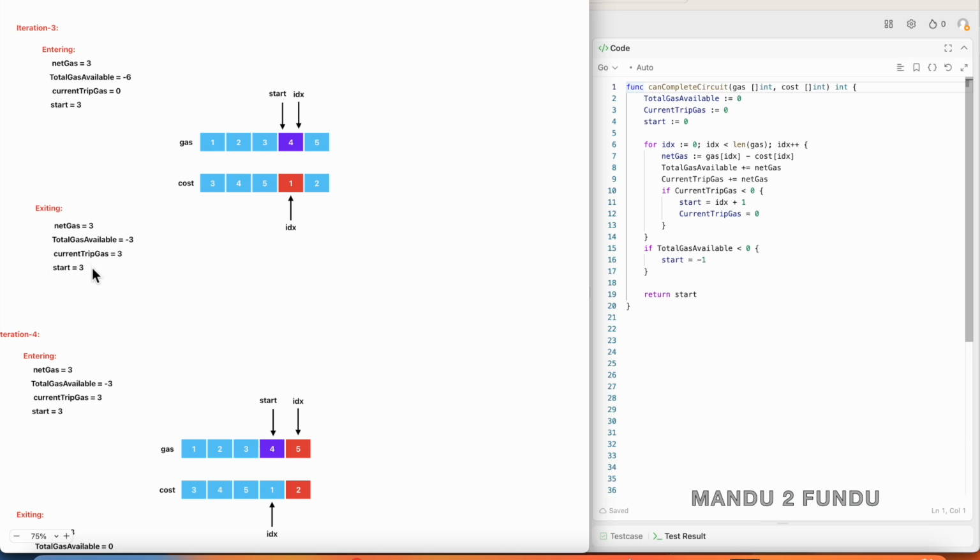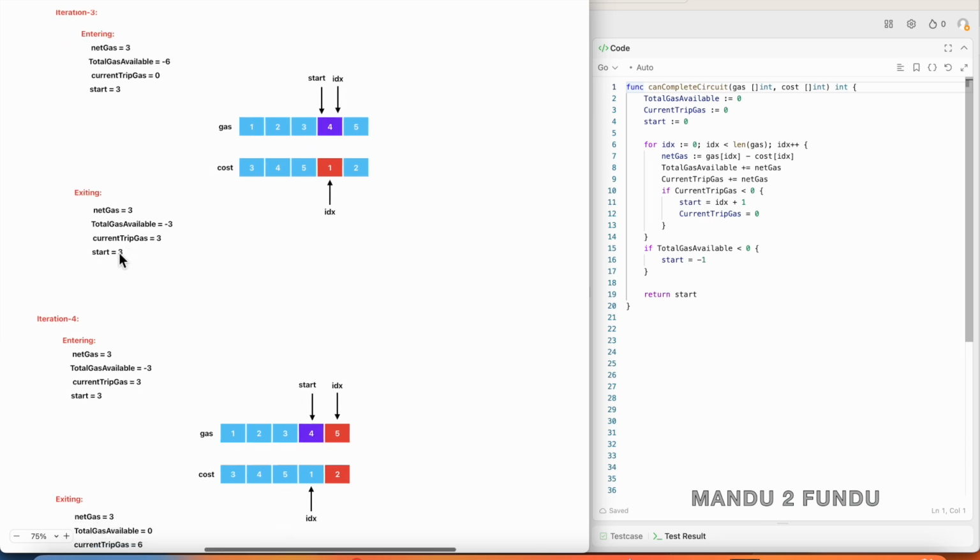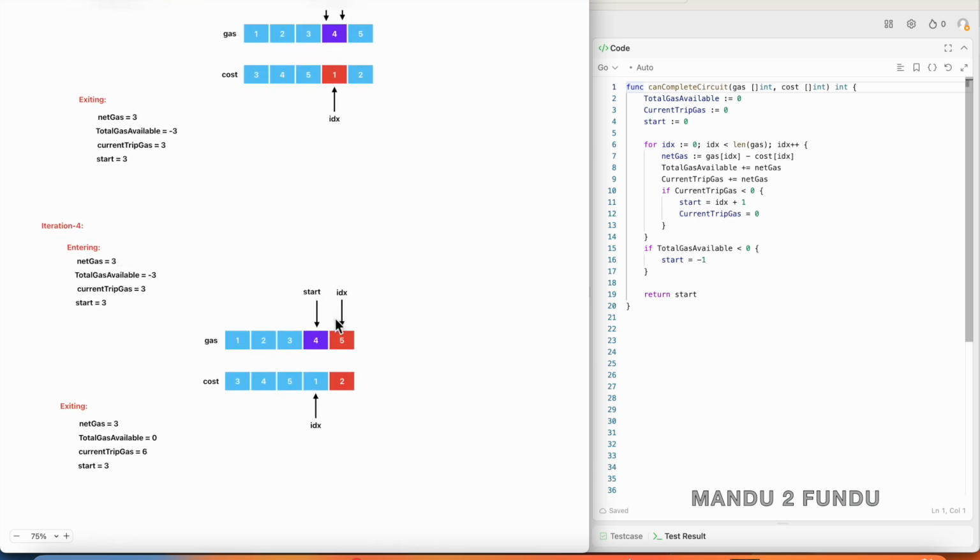The starting point is not modified because the current trip gas is greater than 0. So the starting position for this circular trip is not altered, and it still points to index 3.